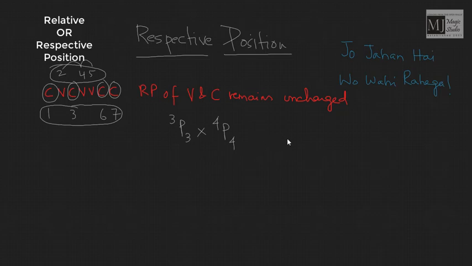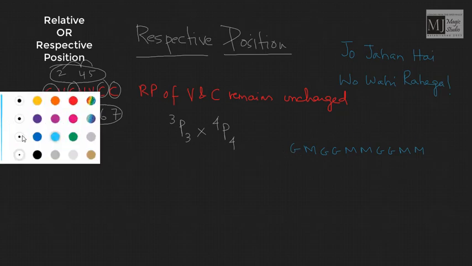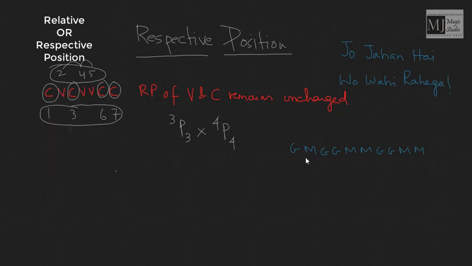Now if I say there is a group of 10 people, G, M, G, G, M, M and so on, where G stands for girl and M stands for man or boy. We need to arrange them such that their relative position remains unchanged.